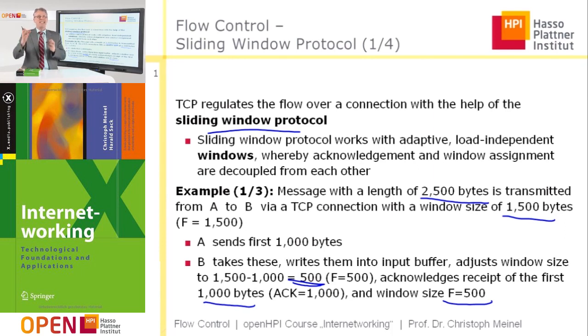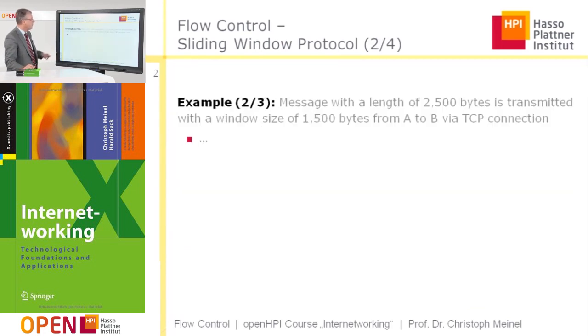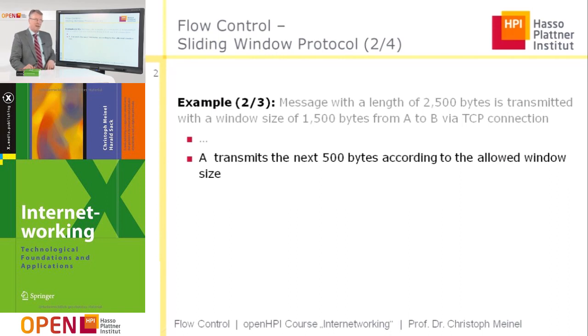The idea is to decouple the communication speed from the processing speed. Of course, the messages need to be processed on B. But in the first moment, when the message arrived, it is placed in the input buffer, and now B has an input buffer remaining of 500 bytes.